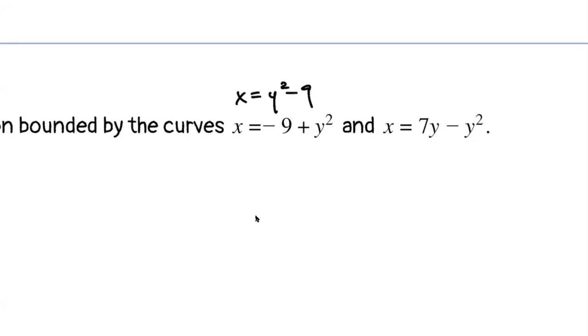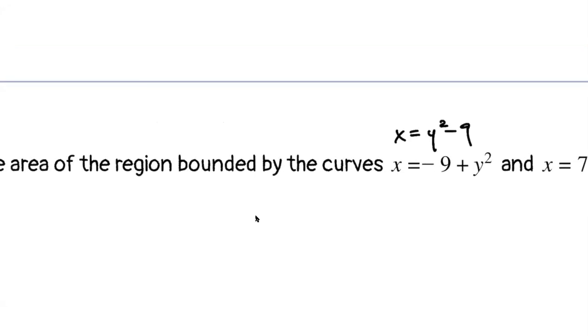Now, if the x and y were switched, I would know this is a parabola. What does that -9 do in terms of the graph? Anybody know what that -9 does? Shift it to the right. Like let's say we had y equals x squared minus 9.